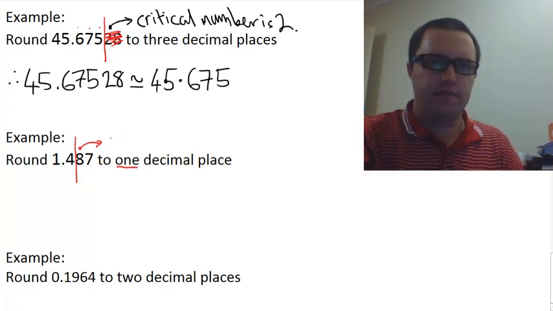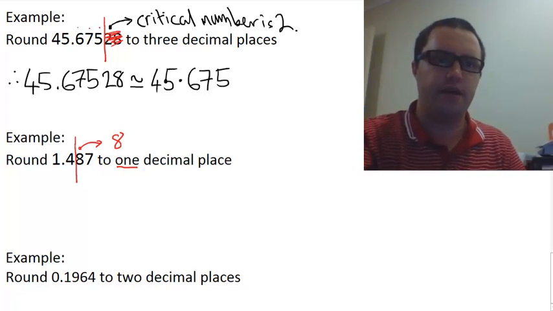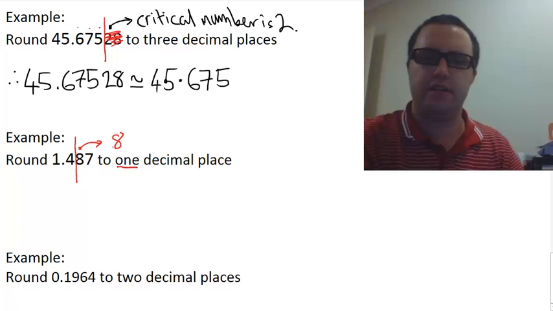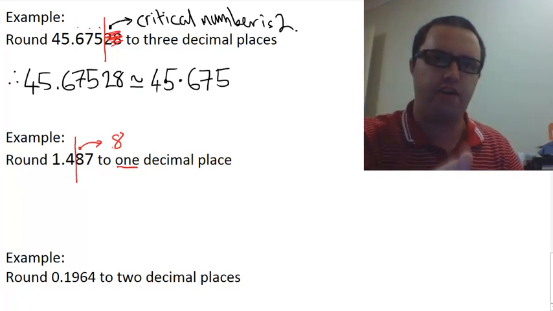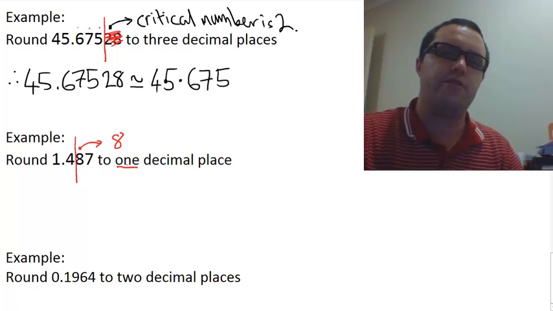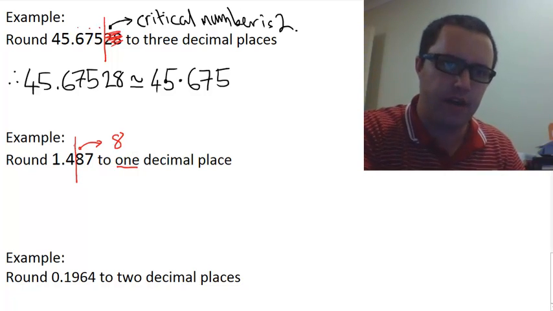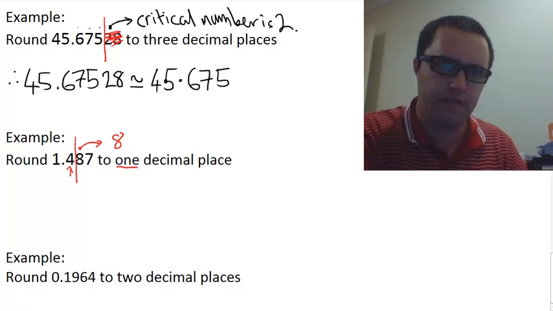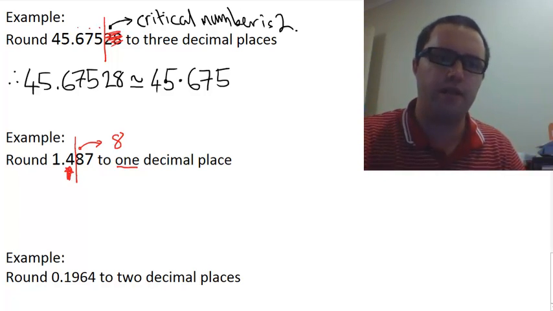It's an 8. So according to our steps before, if it is between 5 and 9, which 8 is, then we increase our rounding decimal by 1. That's our rounding decimal here, the number 4. We increase that by 1 and then terminate the value.